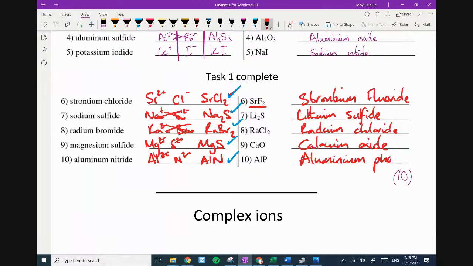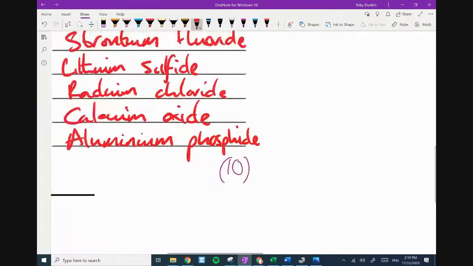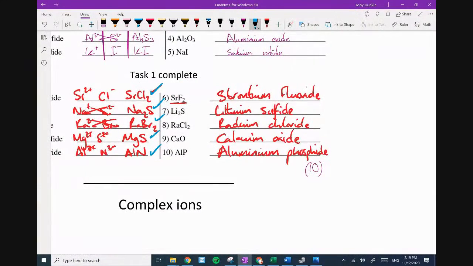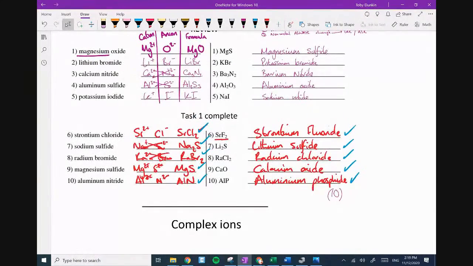Aluminium phosphide. And that one is spelt with a PH, which is weird. Phosphide. Sorry about that. My tablet's having issues over on that side. I think I've managed to get a little bit of water underneath my little screen protector. Phosphide. There you go. So it doesn't like it very much. Out of 10, how many did you get right? Please note, no transition metals anywhere, so no Roman numerals were needed at all.